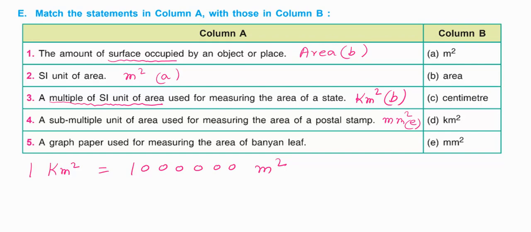We have done this question around two times: a banyan leaf is bigger than a postal stamp or a 5 rupee coin. Its area should be represented in centimeter square. So the graph paper should be centimeter graph paper. Hence the option should be C. I hope the concept is clear.